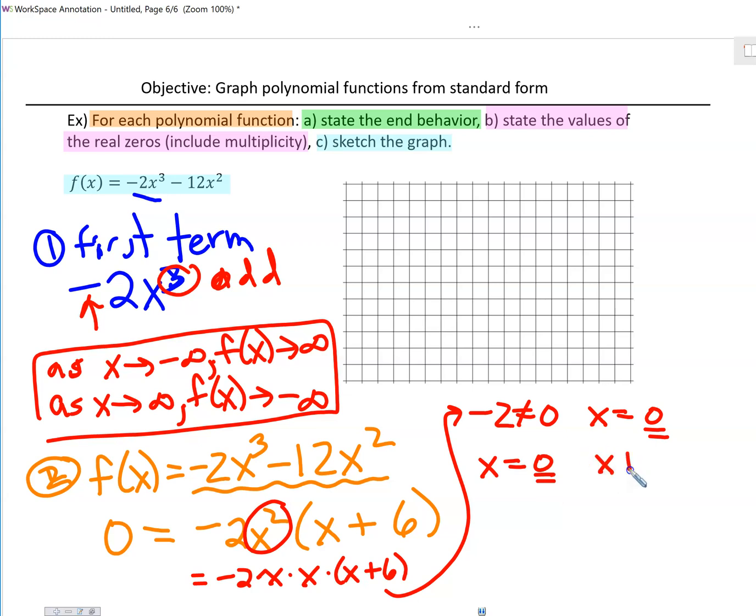And then we have x plus 6 equals 0, and subtracting the 6 gives us x equals negative 6. So our zeros are negative 6, 0, and 0 again. Let me fix this because I don't know what that says, but it's supposed to say zeros.